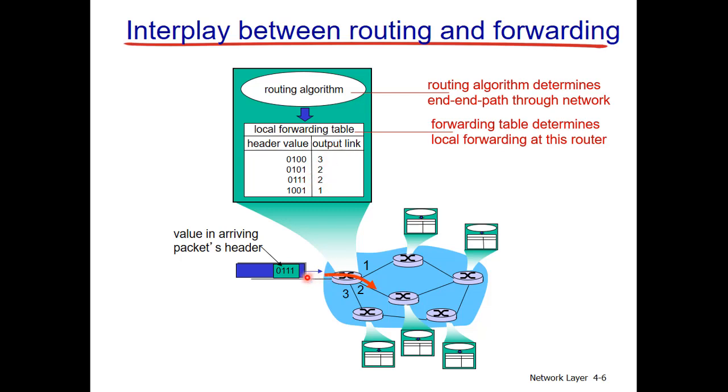So it sends this packet to this link. How this table came to be is determined by the routing algorithm. The routing algorithm fills this table and identifies which header values go to which output link, so that ultimately the packet reaches the destination.